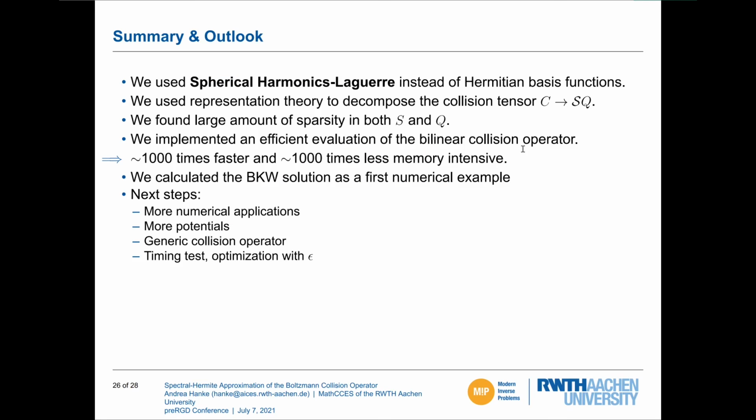Let me summarize what I've talked about. We used bases consisting of spherical harmonics and Laguerre polynomials instead of Hermitian basis functions, and with those, we're able to use representation theory to decompose the collision tensor C into two components S and Q. We found a large amount of sparsity both in S and in Q, and implemented an efficient evaluation of the bilinear collision operator based on this sparsity.